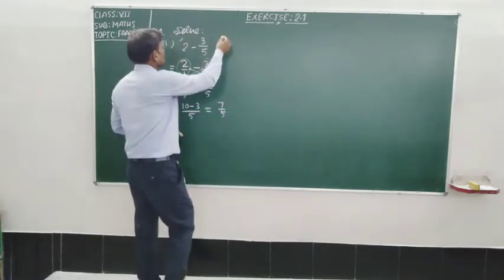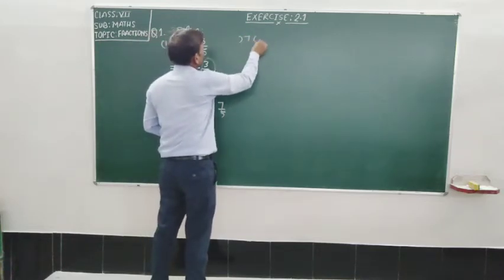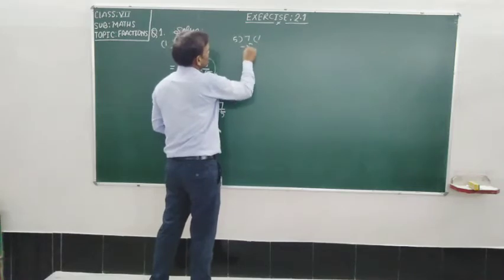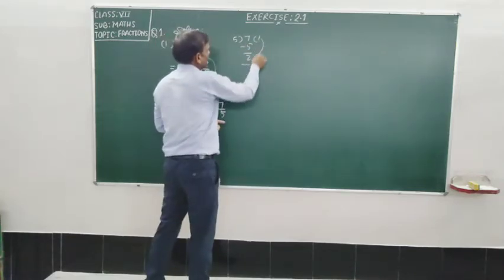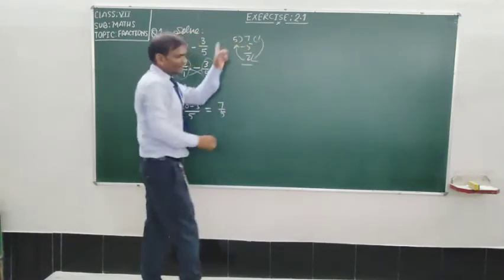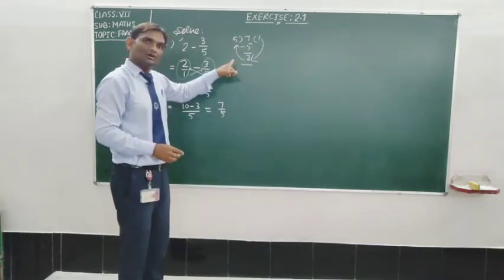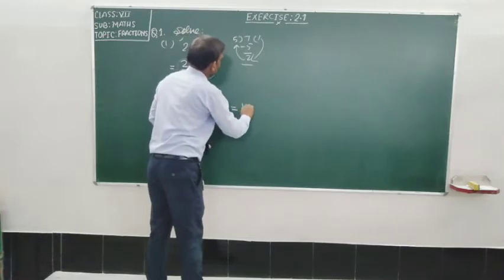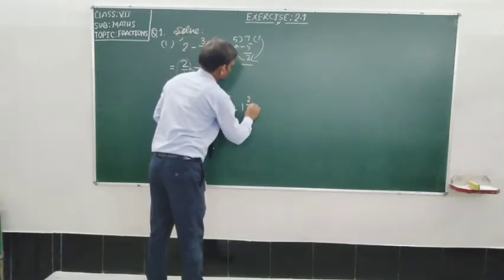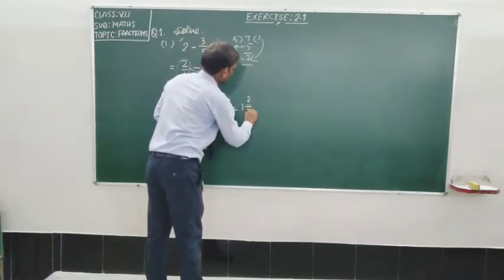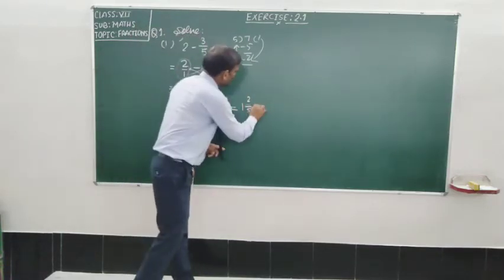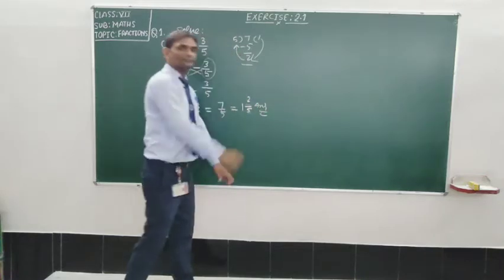When you divide 7 by 5, 5 ones are 5, 7 minus 5 is 2. And you know how to write the mixed fraction from previous classes. So student, 1 whole 2 upon 5. This is my correct answer.